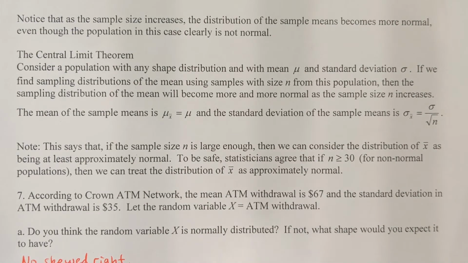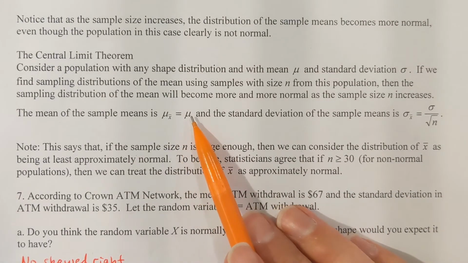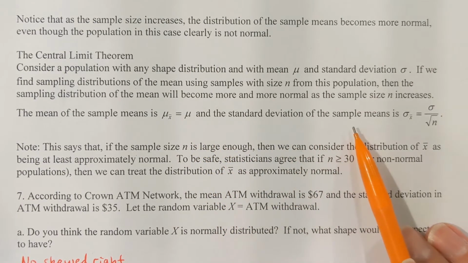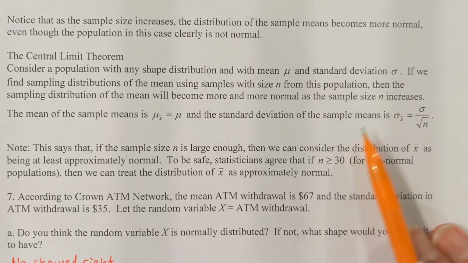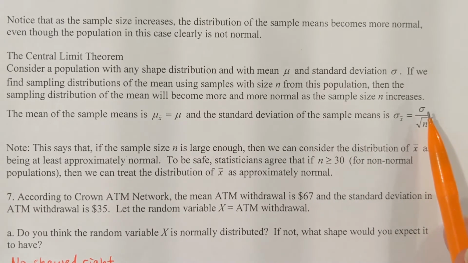The mean of the sample means is the same as the population mean, just as it was before, and the standard deviation of the sample means is the population standard deviation divided by the square root of the sample size, just as it was before.